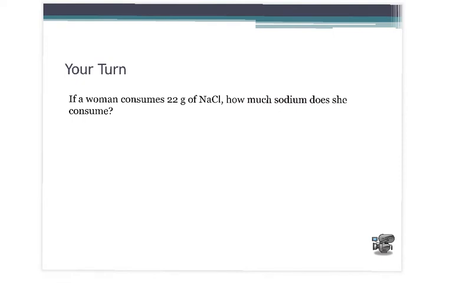Okay, now you go ahead and give this a try. If a woman consumes 22 grams of sodium chloride, how much sodium does she consume in grams? Let's start with what we're given, 22 grams of sodium chloride. Remember that sodium is 39% by mass, so there's 39 grams of sodium for every 100 grams of sodium chloride.